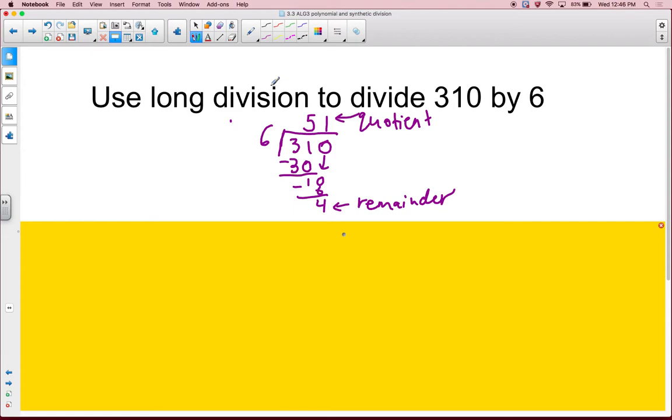Then we have our dividend and our divisor. So this in here is our dividend. And this outside is the divisor.